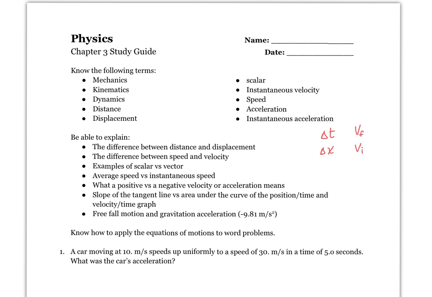I need to know if they gave me the average acceleration. And so those symbols are extremely important, that you know what they mean, and that you recognize them in your word problems. Because if you can do that piece of it, you can do any of these word problems, all right? And so what I would recommend is that as you read your word problems, you label what they've given you based on those symbols.